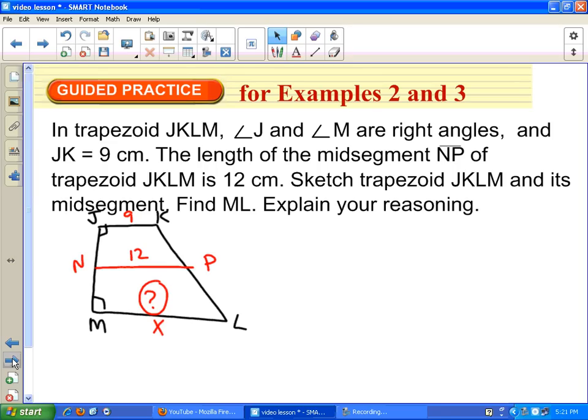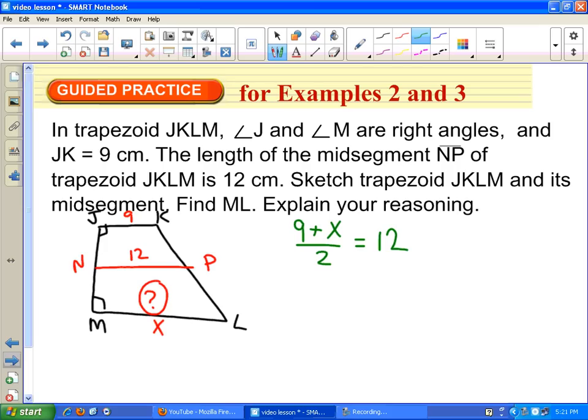So I know that using our mid-segment formula, 9 plus X over 2 equals 12. So what I'm going to do, just use our algebra skills. I have to cancel out dividing by 2 first. So to do that, I'm going to multiply by 2.